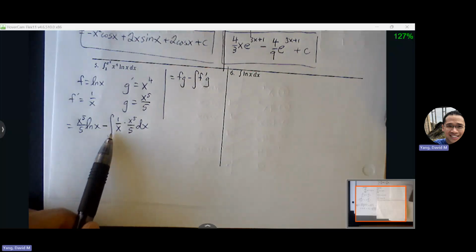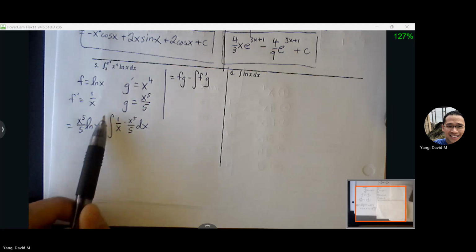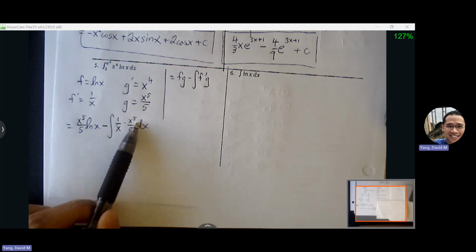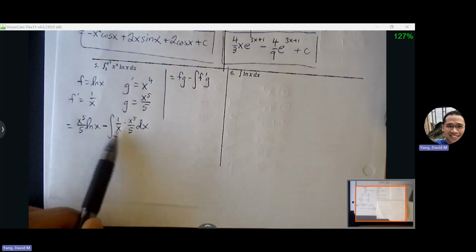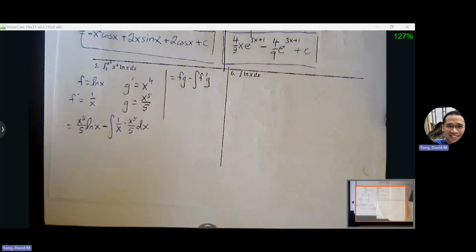Fg minus integral of f prime times g. This piece is unresolved. We still got to clean this up, take the antiderivative. Once all this is cleaned up, then we get to a half bracket and then plug in the upper and lower bounds.